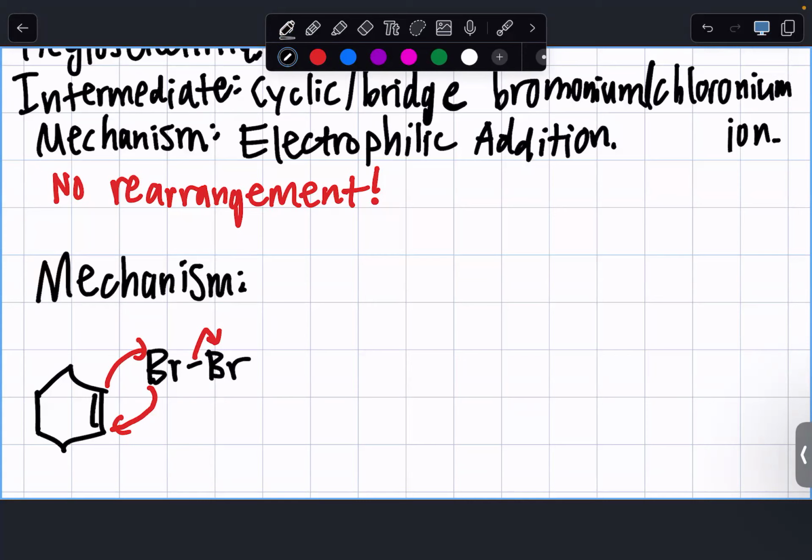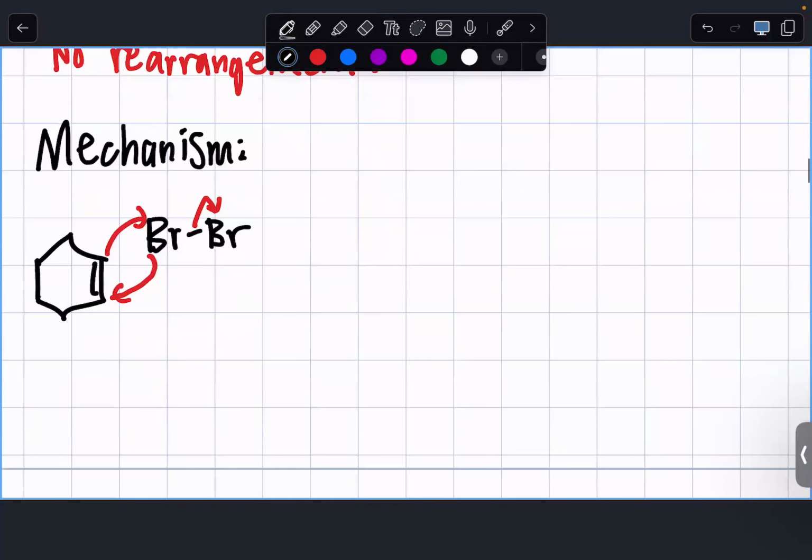Okay, so let's say we know that these two carbons here are flat and planar. So that means that the bromine could attack on the top side, becoming a wedge, or the bottom side, becoming a dash, right? So I'm going to show you both scenarios.